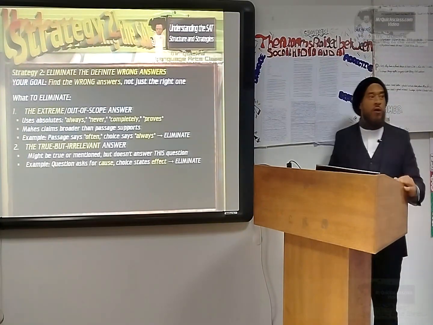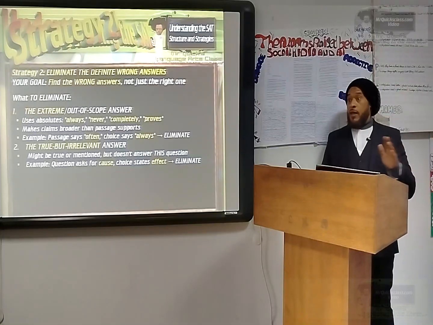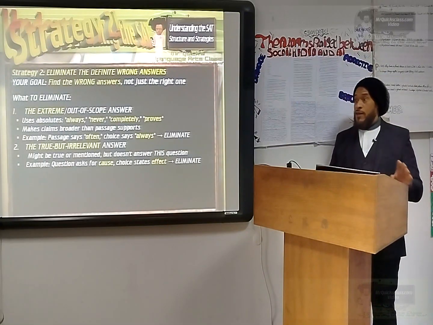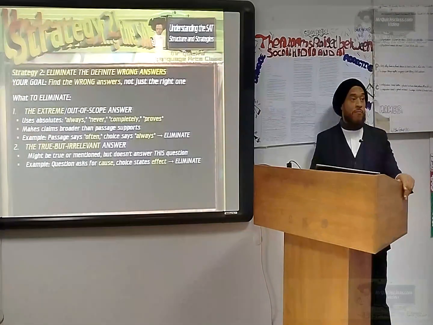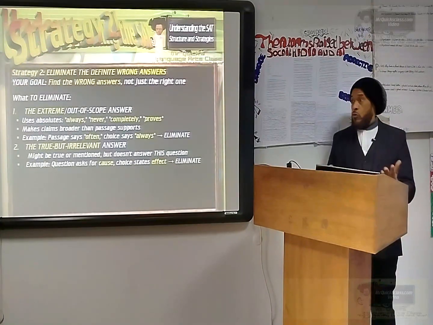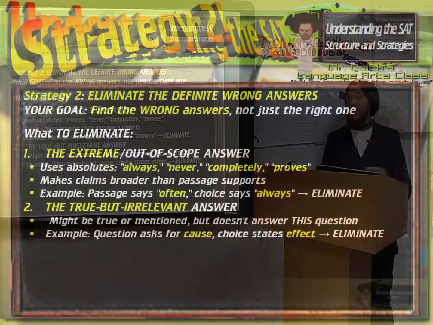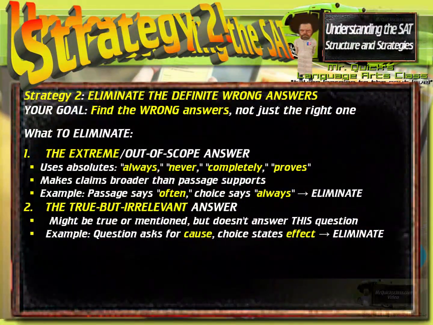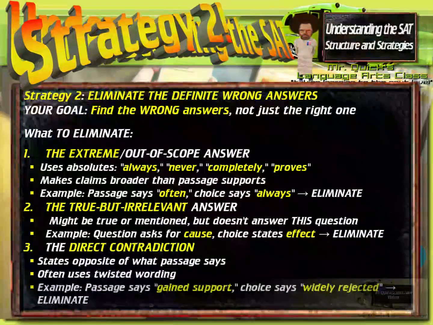If the passage was talking about climate change, and the answer choice says something about cars contributing to climate change, that's true. But the passage talked about polluting the oceans. So easy answer choice to eliminate. You got to look for those true, but not relevant.